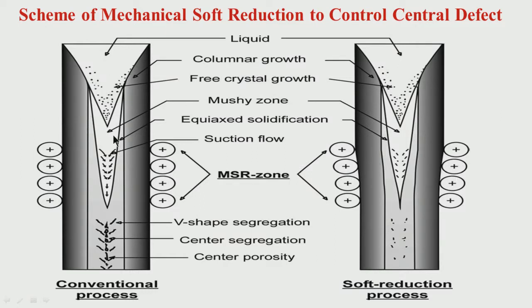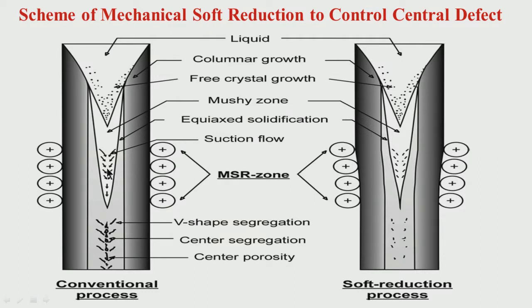After columnar, some equiaxed solidification is there towards the central area, and this area is the mushy zone. Final solidification will take place in this area.